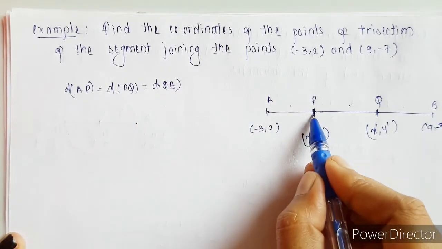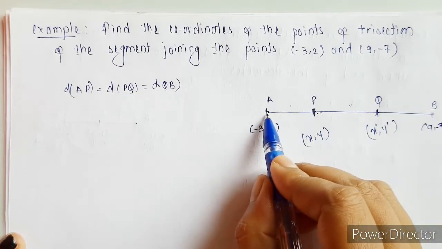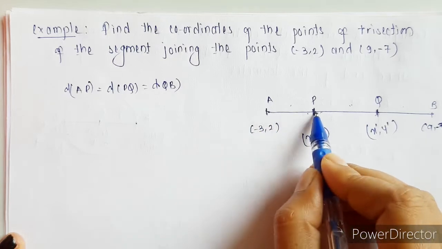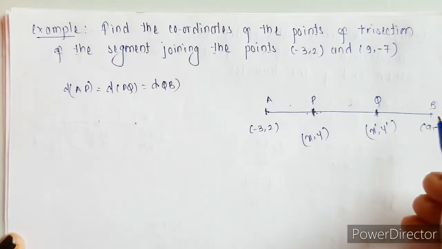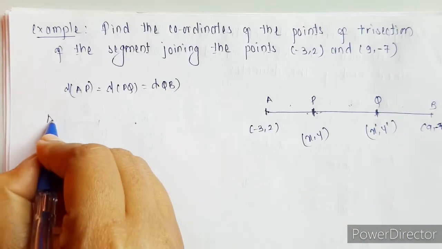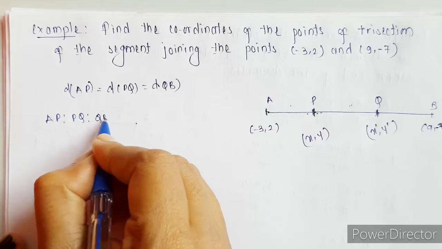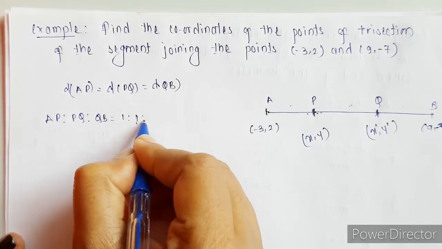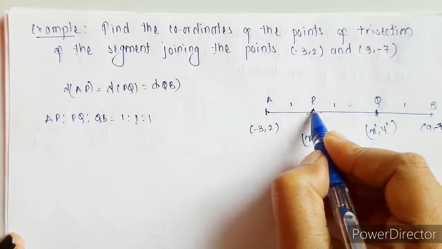So if AP is 2, PQ will be 2, and QB again will be 2. If all these 3 line segments, AP, PQ and QB, are equal, it means the ratio will be 1:1:1. So the ratio of AP to PQ to QB will always be 1:1:1. Let's start with P.